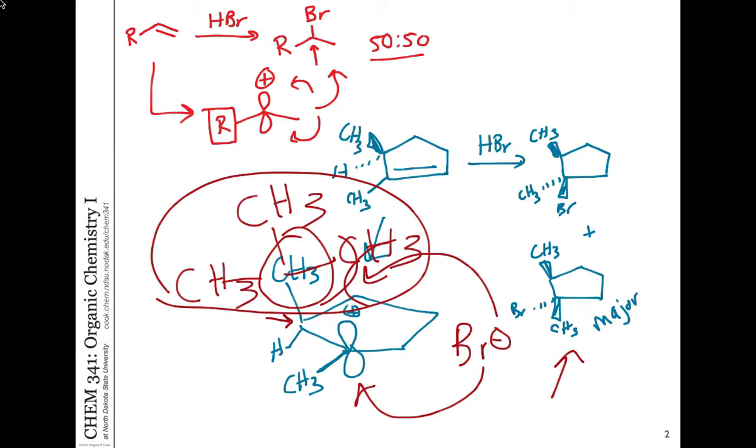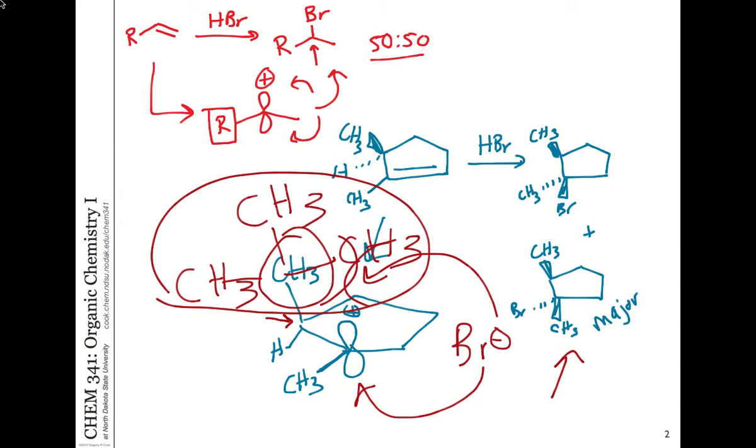By the way, what's the relationship of the two products? We just talked about comparing two molecules, right? What's the relationship between those two? Diastereomers, right. They're not mirror images.